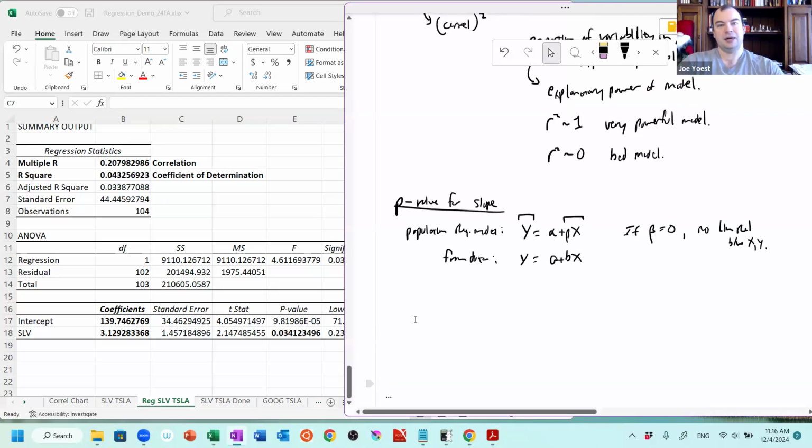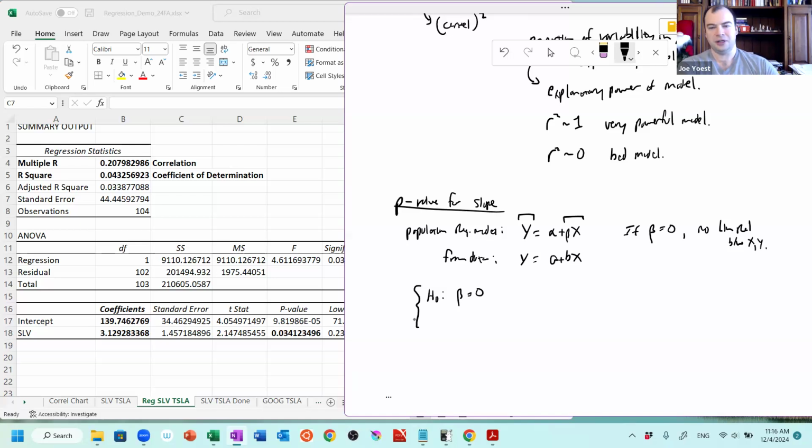So I set up a hypothesis test. My null hypothesis is that beta is 0, that there's no linear relationship between x and y. If I just pick two variables at random, they're probably not going to have a linear relationship between them. And my alternative hypothesis is that beta is not 0, that there exists a linear relationship between x and y.